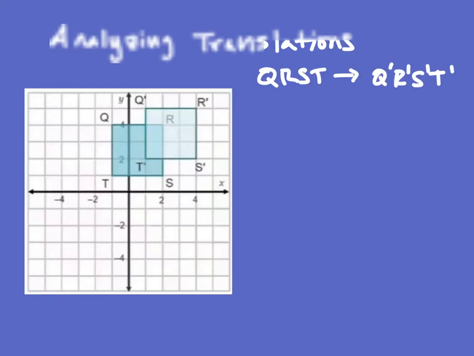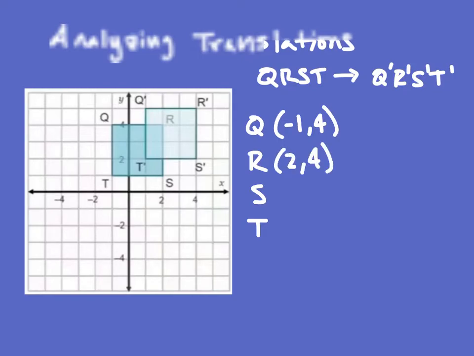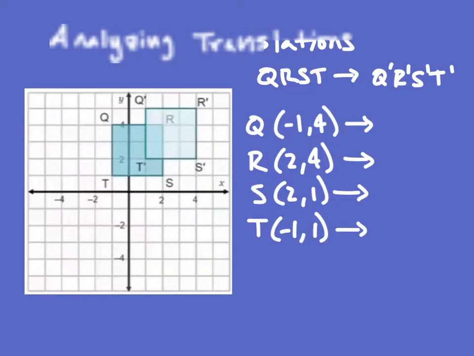So let's actually write out each of these points. Point Q is the point (-1, 4). R is the point (2, 4). S is the point (2, 1). And T is the point (-1, 1). Now what I want to analyze is what happens once I get my new points, Q prime, R prime, S prime, and T prime.